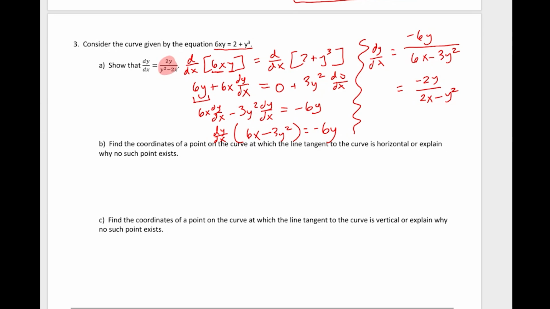It's still not quite the same. What we need to do is multiply both the numerator and the denominator by -1. So dy dx is going to equal, if I multiply the numerator by -1, it'll just be 2y. And if I multiply the denominator by -1, I get y squared minus 2x. So there you go.